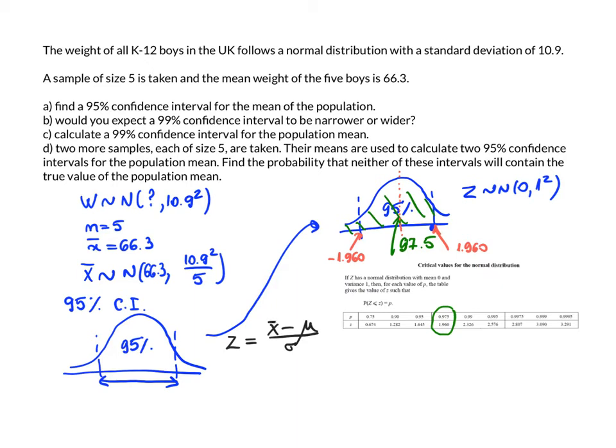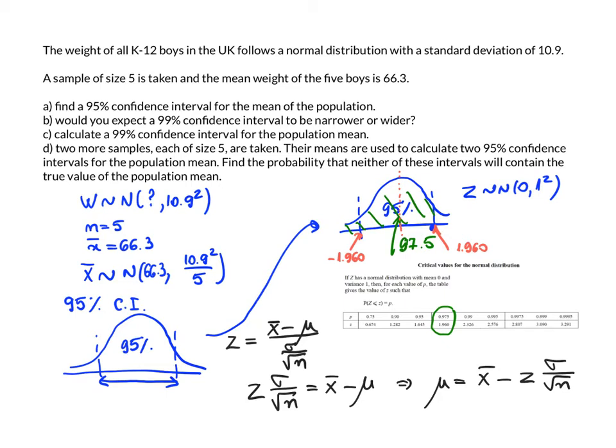Therefore, I'm going to use x bar, and I'm going to use sigma over square root of n, because this is the standard deviation of my sampling distribution of the mean. So algebra tells me that z times sigma over square root of n equals x bar minus mu. So mu is x bar minus z sigma over square root of n.